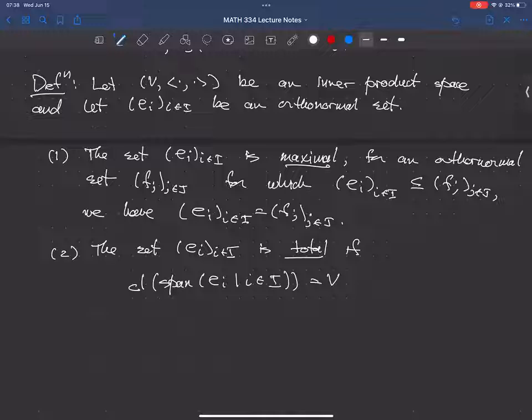So this means the closed subspace generated by these vectors is equal to V. Okay. And then finally, basic.